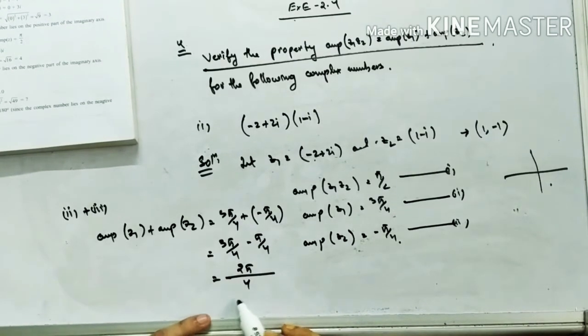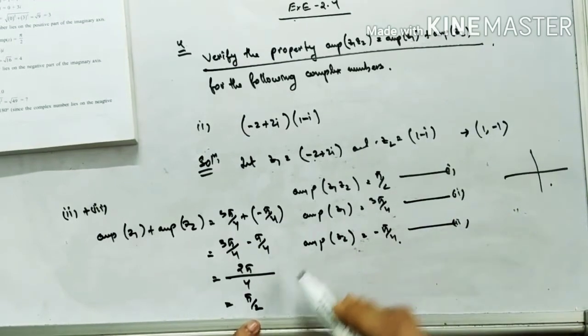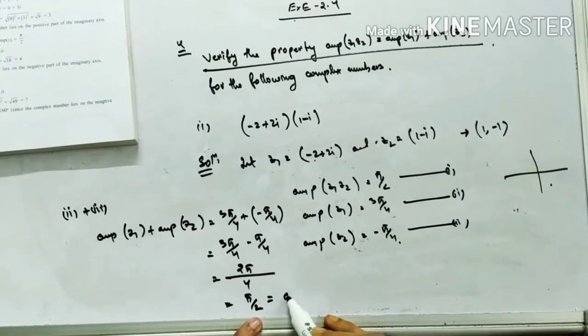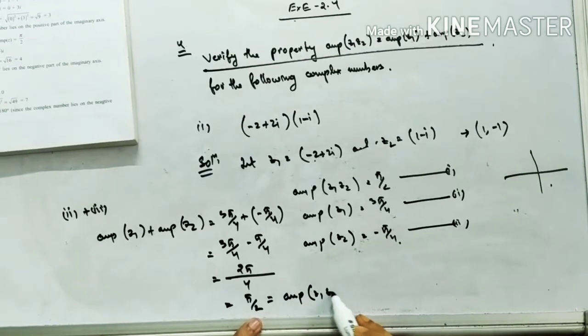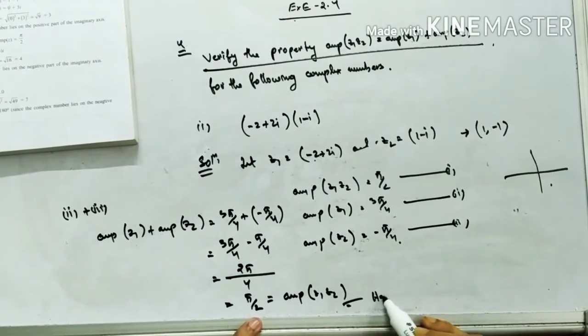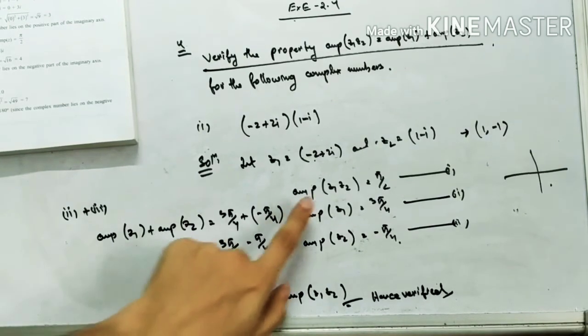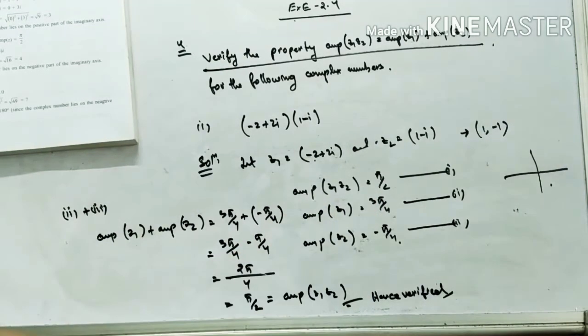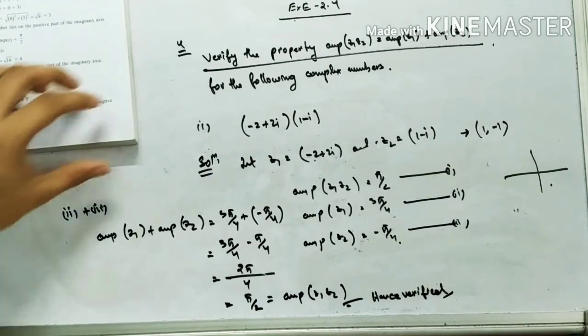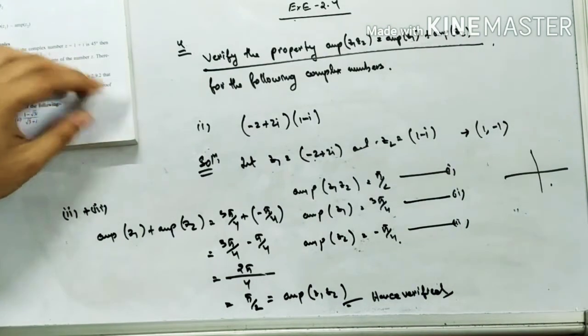So this gives me pi by 2, and this is equal to amplitude Z1 Z2. This is hence verified. Pi by 2 I got, which is amplitude Z1 Z2. Understand? So in this way you can do these things.